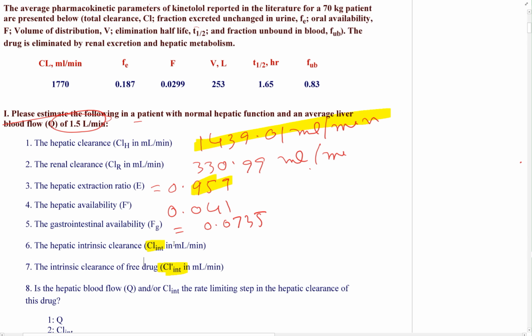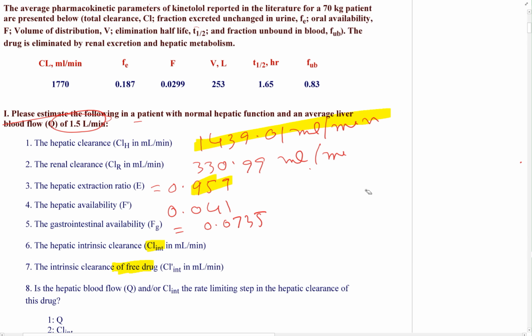One is called intrinsic clearance of free drug, noted by Cl prime INT. Another is called hepatic intrinsic clearance, which is CLINT. I want you to remember that we are using two intrinsic clearances.